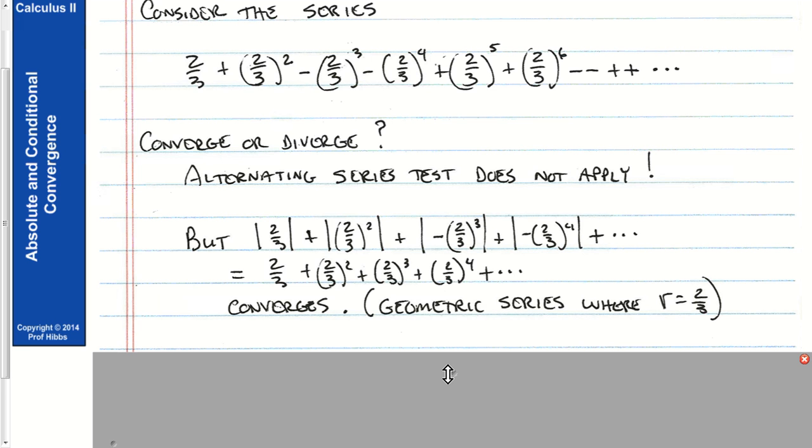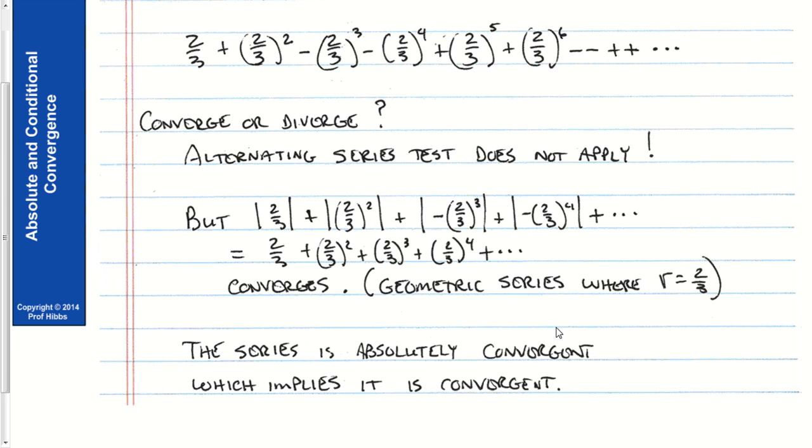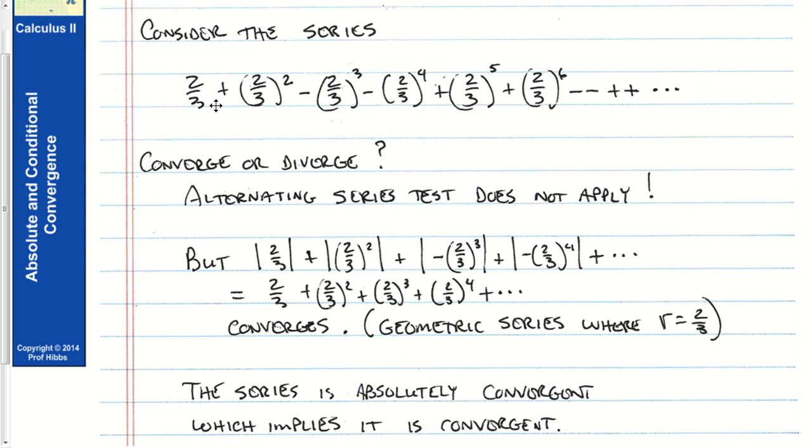So the series of absolute values converges, so the series is absolutely convergent, which implies also its convergence. So we took a completely different path on this one, much different than anything we've done before, because we went directly to trying to find out whether it was absolutely convergent, which implies convergence as well.